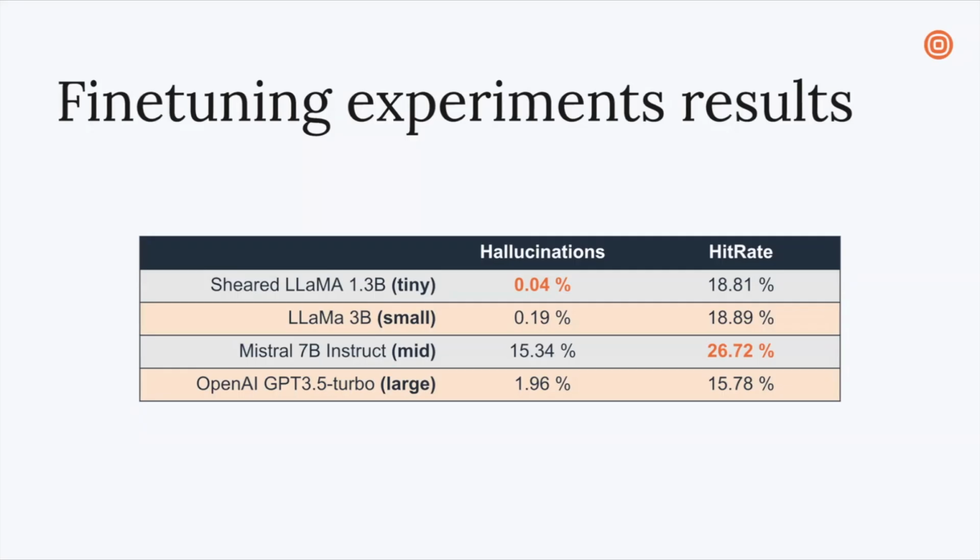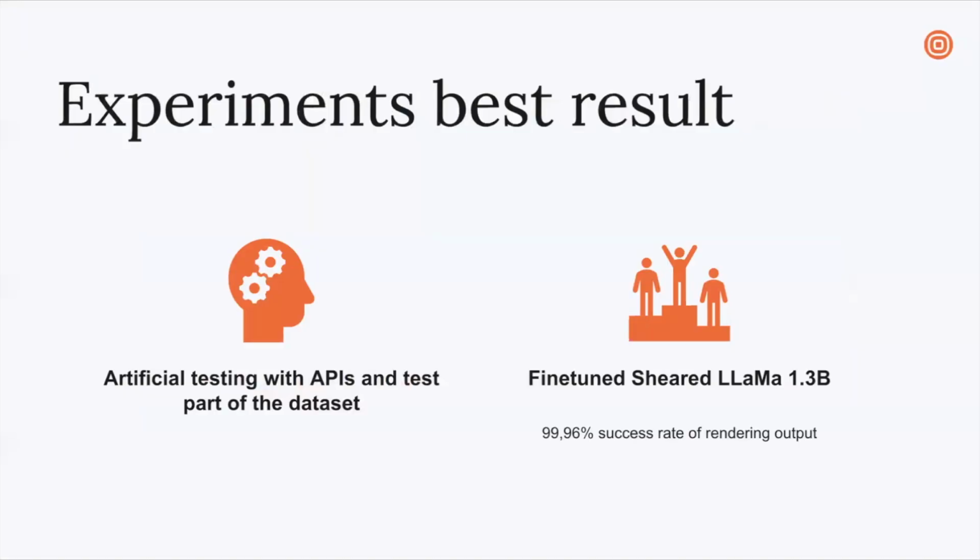But for example, the Mistral that hallucinated the most had the best hit rate. So in our artificial testing phase, where we just use the inference APIs and models, we found that shared llama, the tiniest and least expensive model, was the most effective to use in our product.